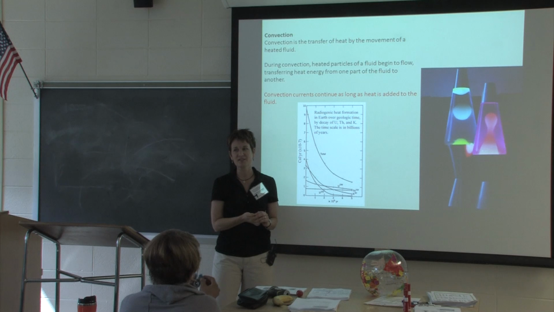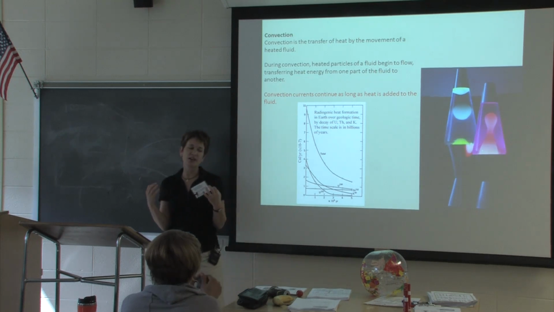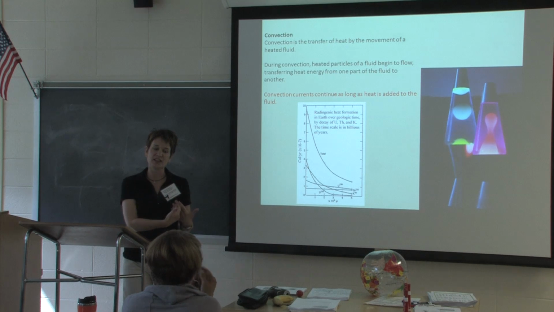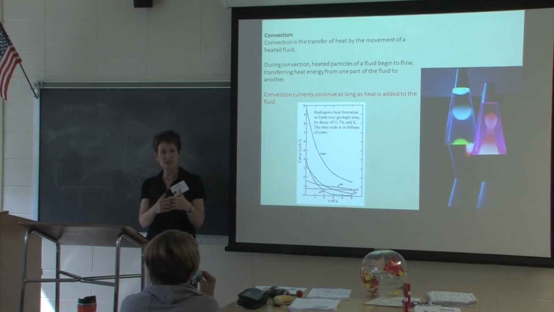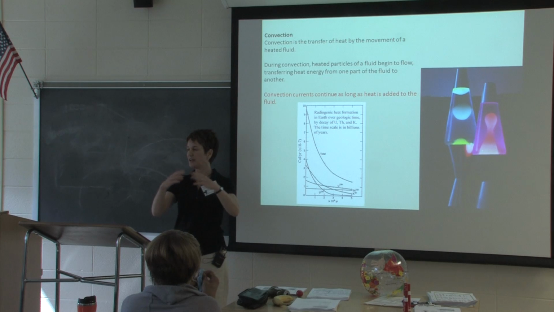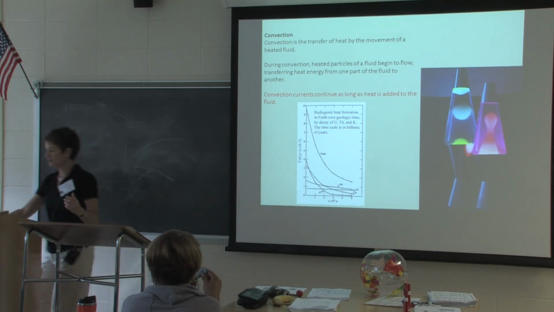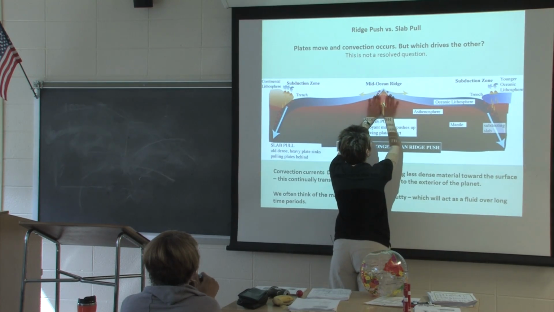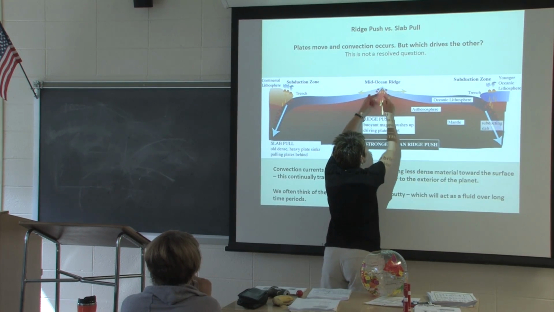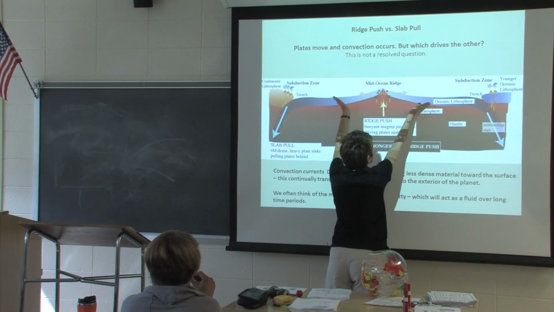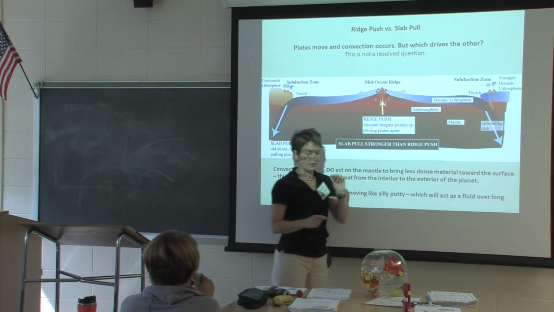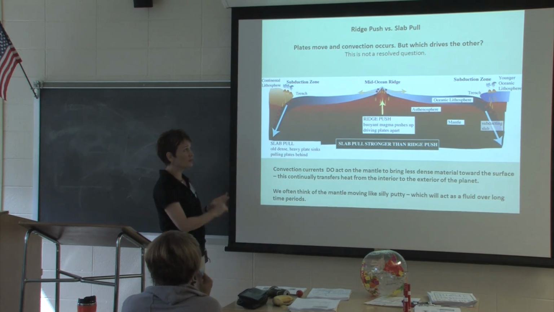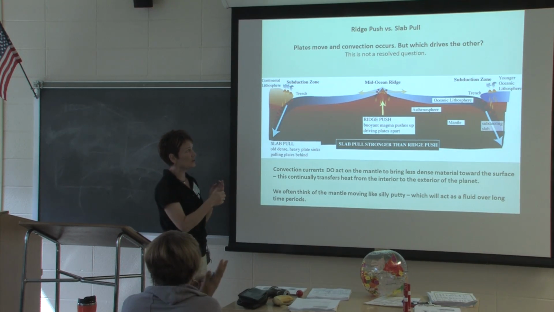Anybody else? Our traditional diagrams and scientific ideas behind how plates were moving were this idea that we have a convection current which is pushing magma to the surface, allowing these ridges to split apart, these mid-ocean ridges like the Mid-Atlantic Ridge.